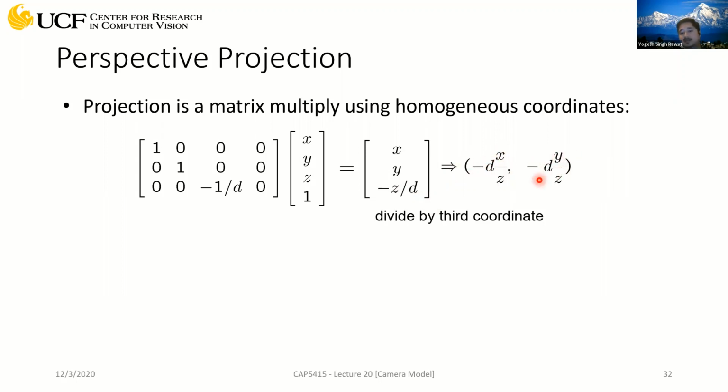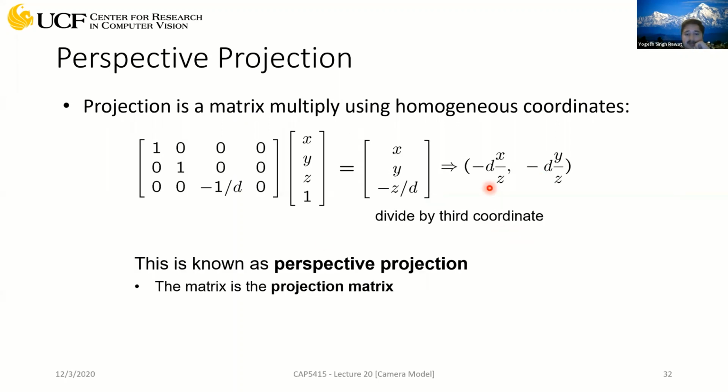And these are the exact same coordinates which we just saw in the previous slide using the property of similar triangles. All right. So this is called perspective projection, and this matrix is called the projection matrix. And what it's trying to do is convert your point in the 3D world or 3D environment to the point in your image frame. All right.